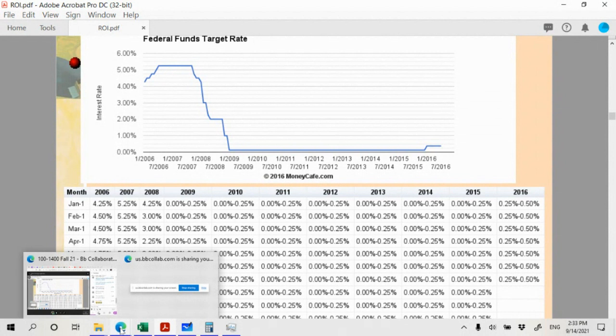Two, they didn't have decent income. To be able to pay the mortgage, you have to have decent income. They didn't, and that's another reason they had a very bad credit score.